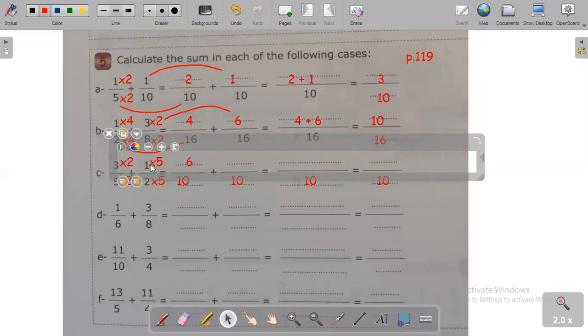The second fraction, 1 times 5, 5. Now we add the numerators, 6 plus 5, and we keep the denominator. We get 6 plus 5, 11. We get 11 tenths.